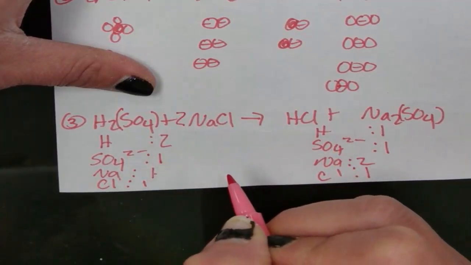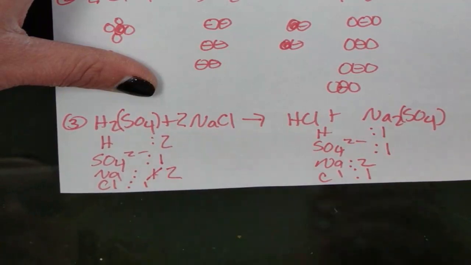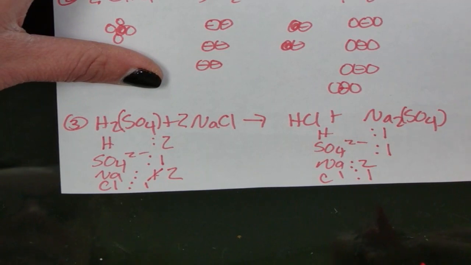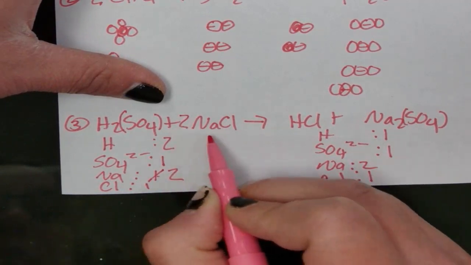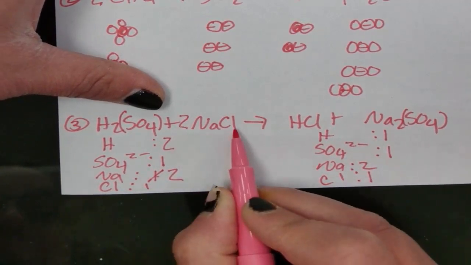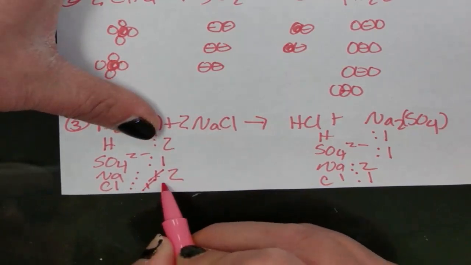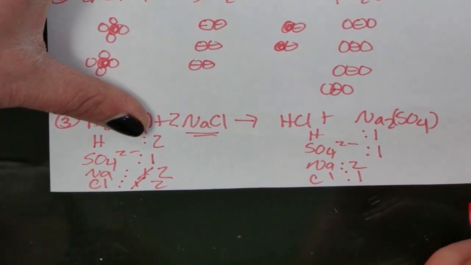If I put a 2 in front of the sodium here, there was 1, 2 times 1 is 2. Now, if I put a 2 in front of the sodium chloride, I had 1 chlorine, but again, 2 times 1 is 2. This coefficient goes to the entire compound.